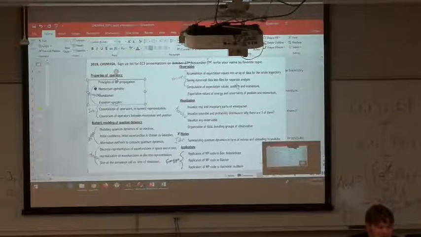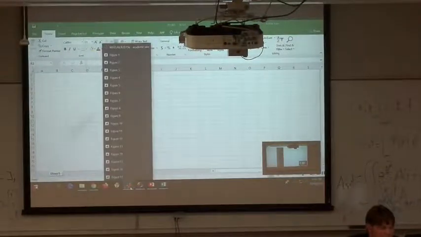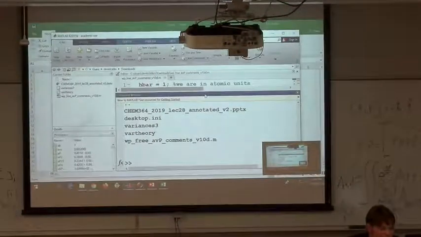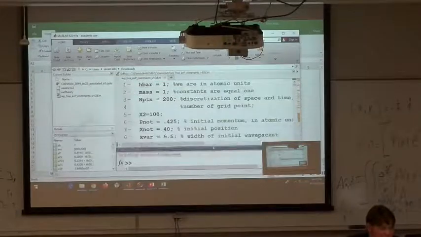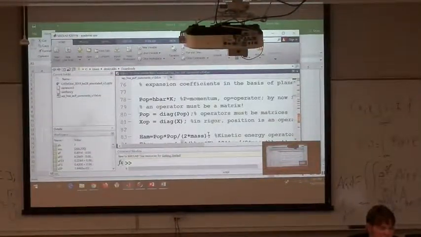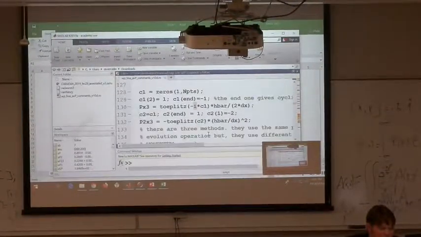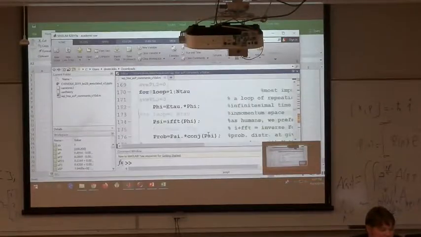Calculation of expectation values, position and momentum. We already did position, but we haven't done momentum. For momentum, since it is not diagonal, one would need to do the standard definition of the expectation value.